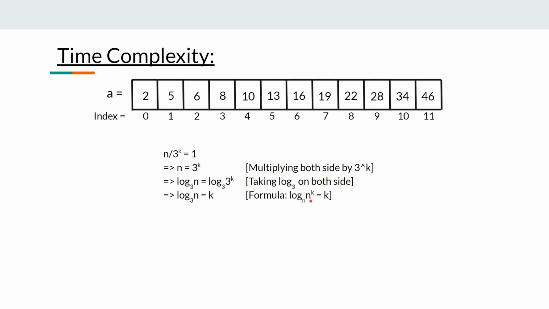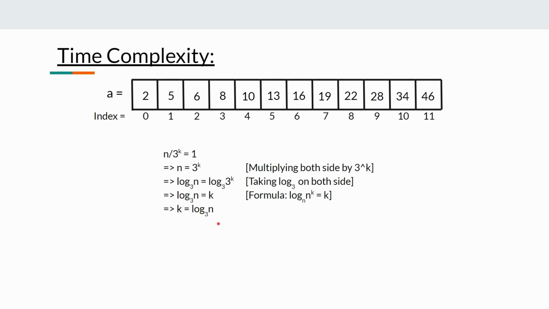In this case, we have 3 to the power k, and we need k in terms of n. To get k, we take log base 3 on both sides, because we have 3 as the base. According to the formula, we get k on one side, and on the other side, log base 3 of n. So k equals log base 3 of n.